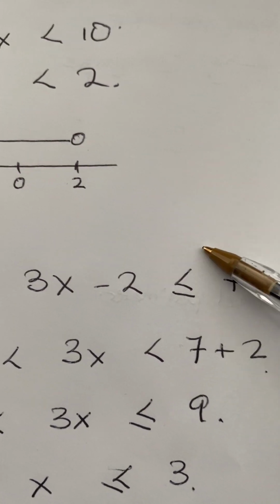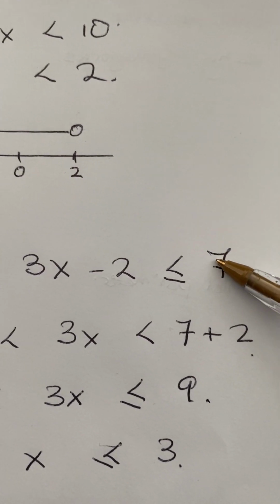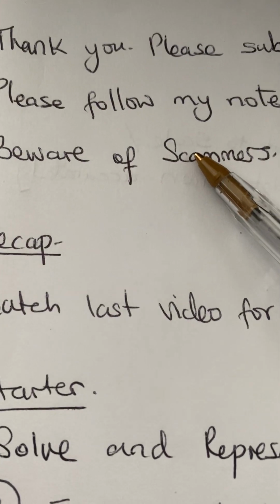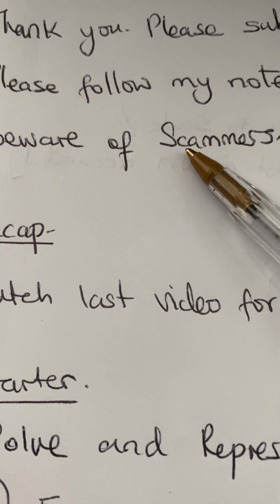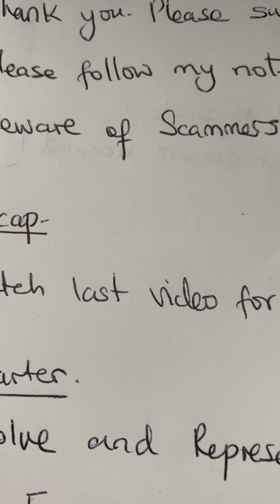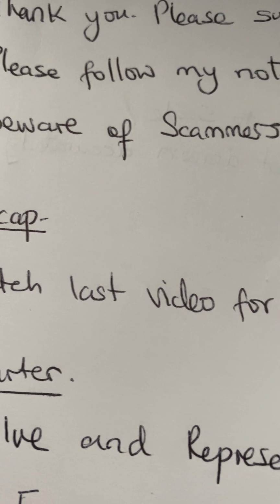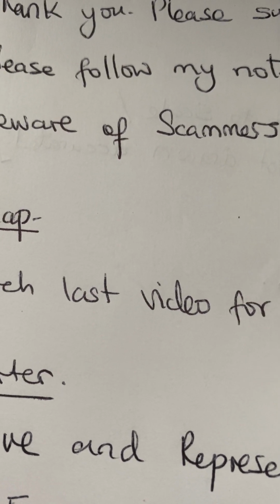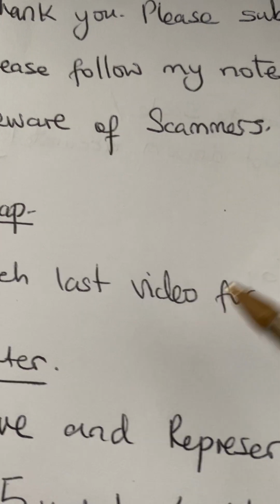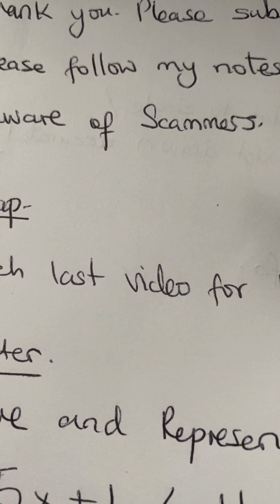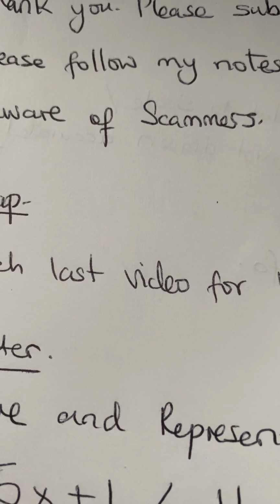Follow the notes. I'll appreciate that. Beware of scammers, please. Most of you know more than I know. Just beware. If you've not heard me say anything, please don't assume and follow it. It's not coming from me.